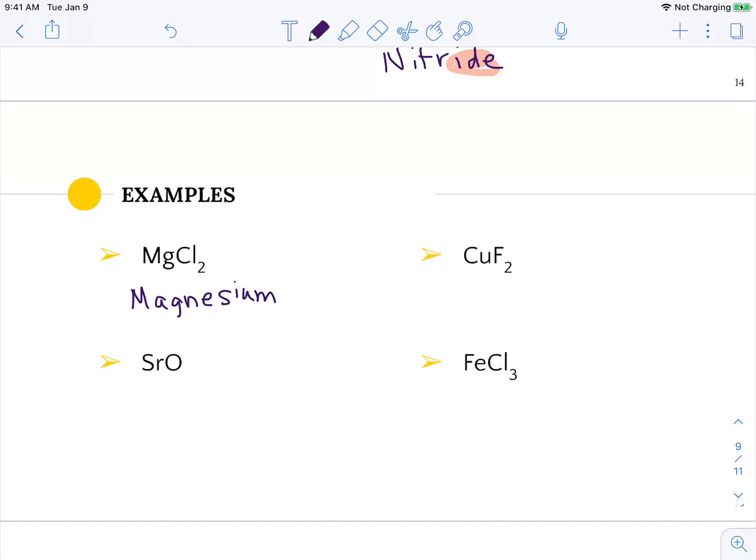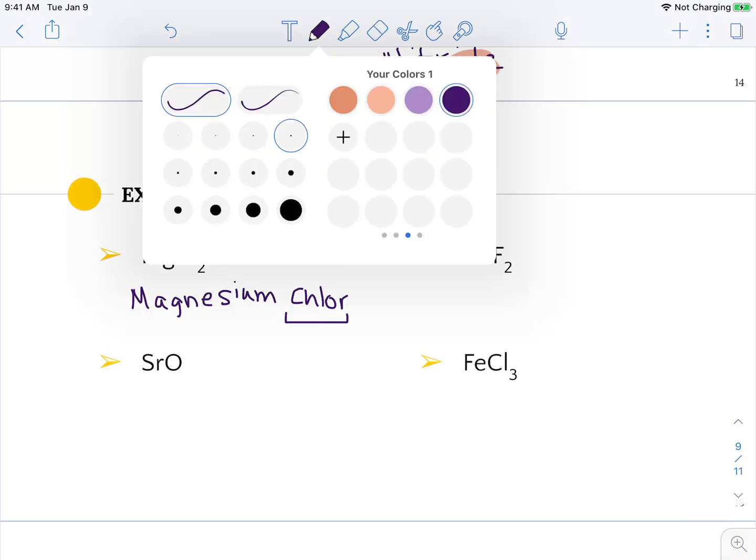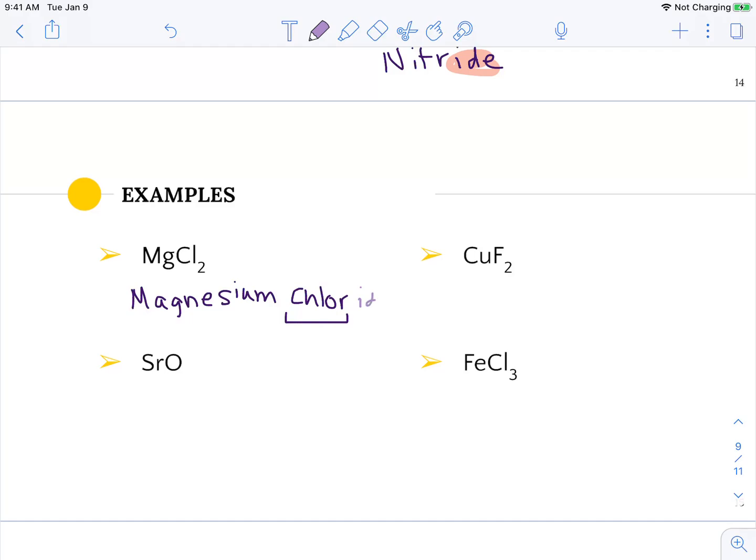And then chlorine is the second one, so we would write chlorine. But we only want up to that first vowel, so I'm going to erase the rest of it, and I'm going to put the suffix "ide" in. So this is magnesium chloride.